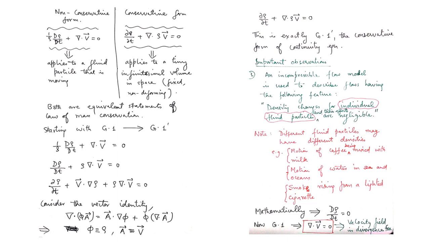Wherever coffee is more, the particle densities would be different, and wherever milk is more, the densities would be different. So we expect different particles in such a motion to have different densities. But if you follow one particle, whether it is a milk particle, a coffee particle or a hybrid mix particle, its density will not be changing with time. Okay, that is the idea.